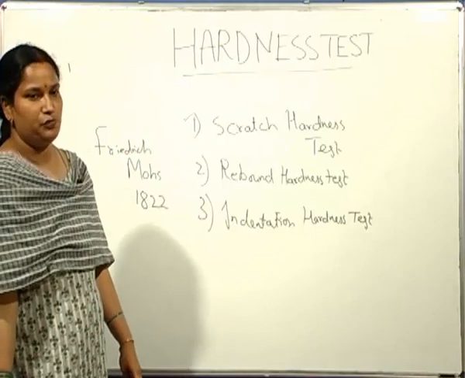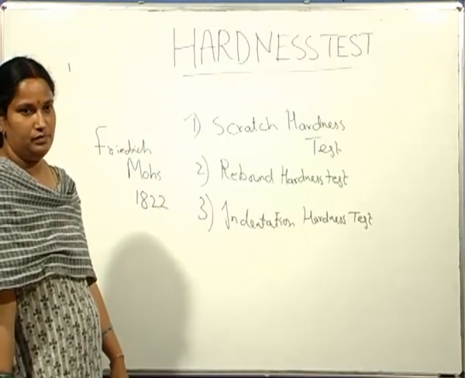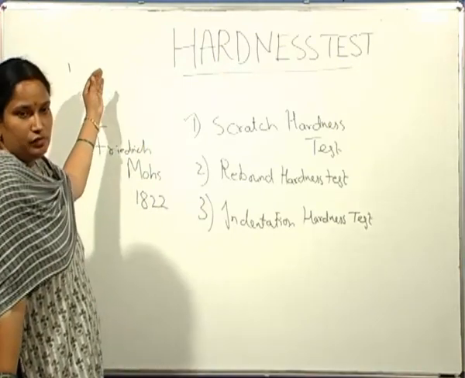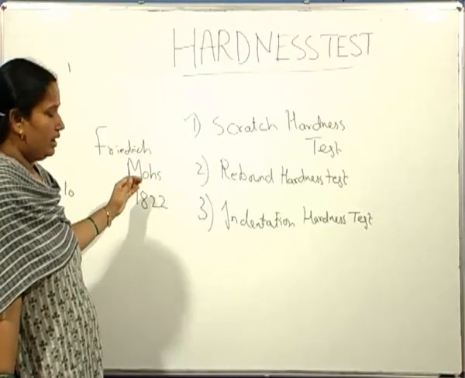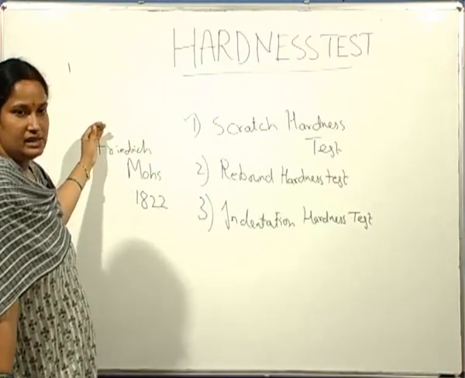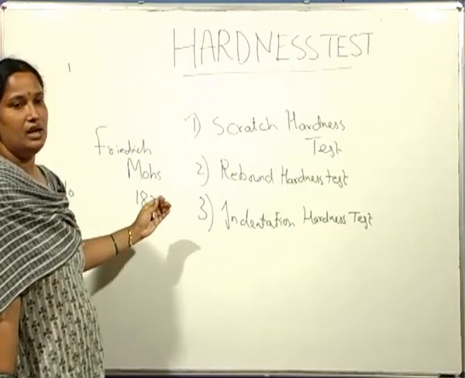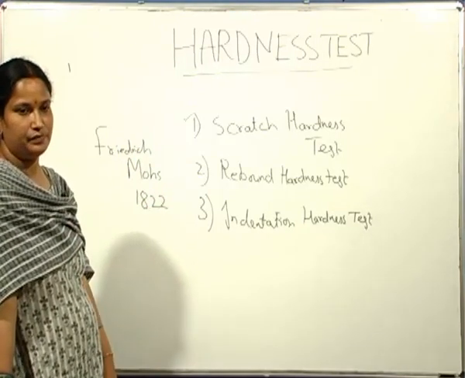The scale is indexed from 1 to 10. 1 stands for the soft materials, and it goes on increasing, and 10 is for the hard materials.